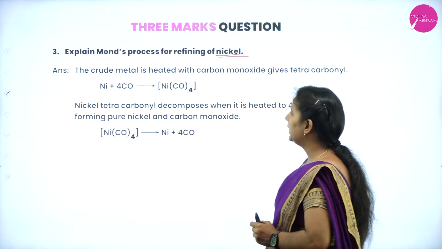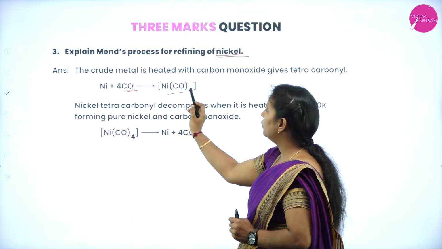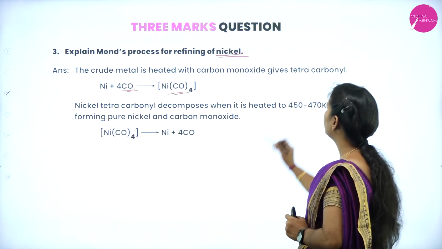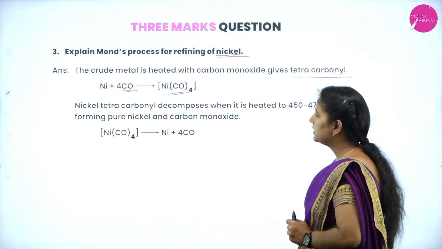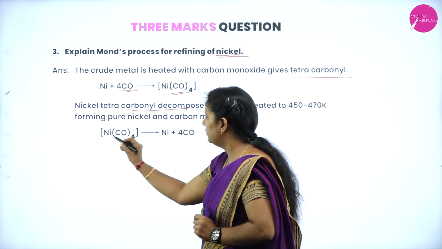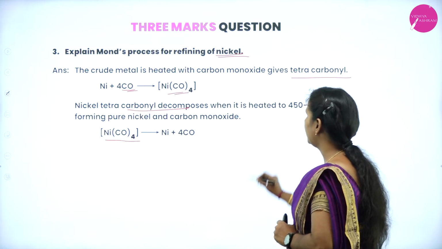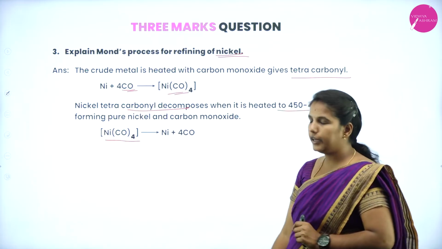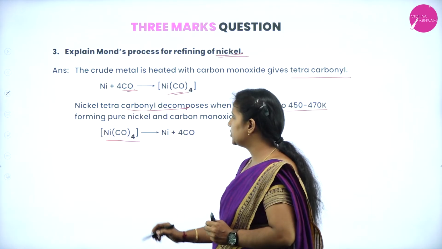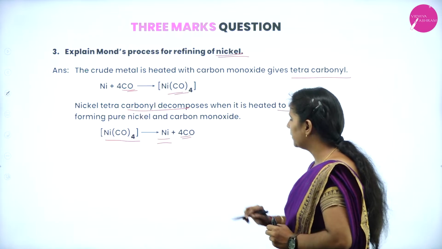Next, explain the Mond's process for the refining of nickel. The crude nickel is heated with carbon monoxide to form nickel tetracarbonyl. To form what? Tetracarbonyl. This tetracarbonyl, upon decomposition at a very high temperature of around 450 to 470 degrees Celsius, gives pure nickel with the release of carbon monoxide.